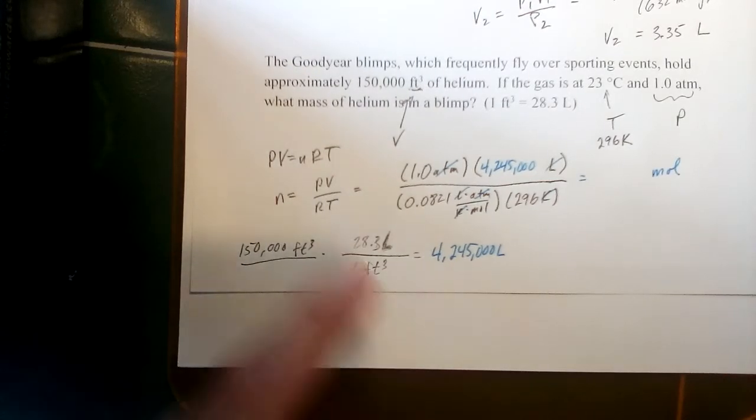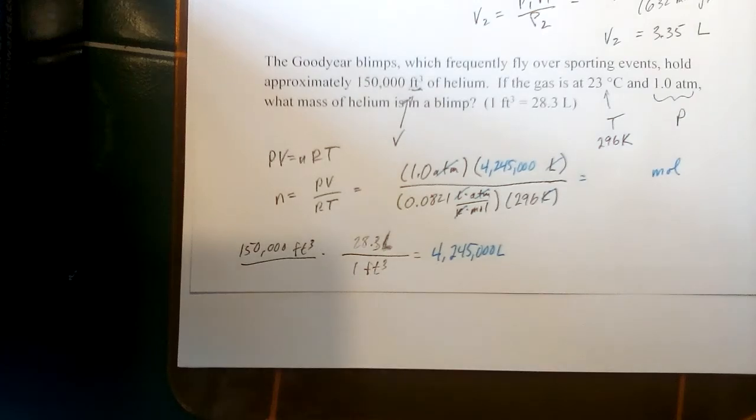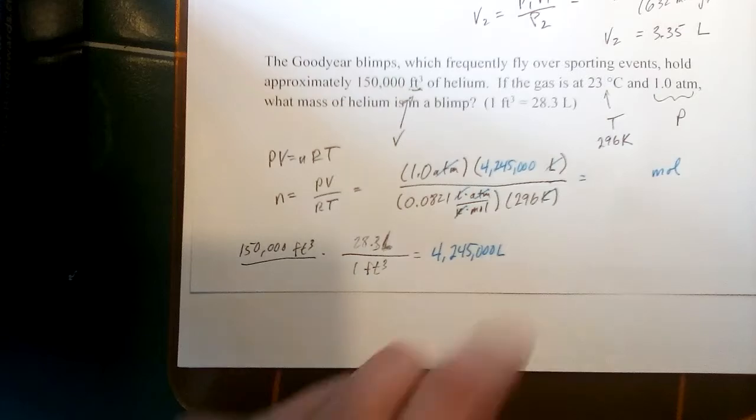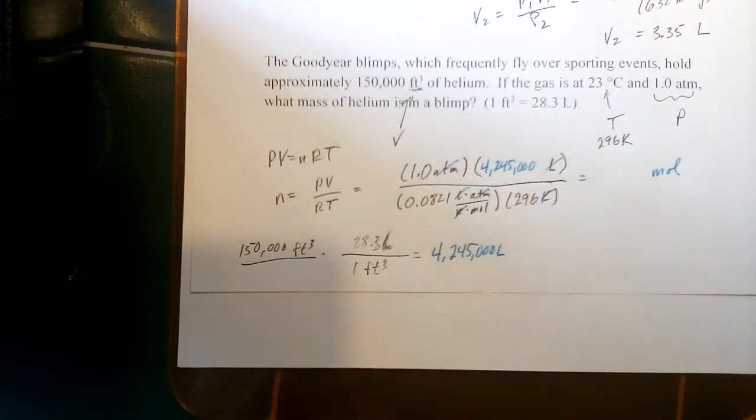So I'm 1 times 4,245,000 divided by 0.0821, and then the 296 is also on the bottom of that fraction, so divided by 296. And I did something wrong because I got to the negative 11th, so let me try that again. 4,245,000 divided by 0.0821 divided by 296.